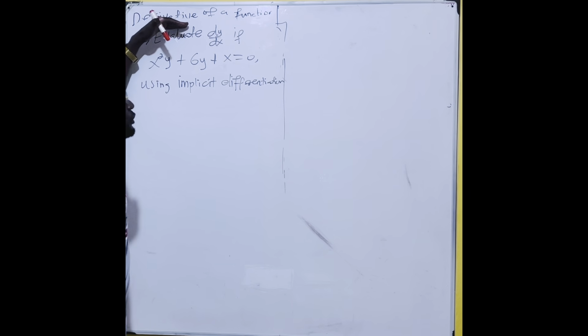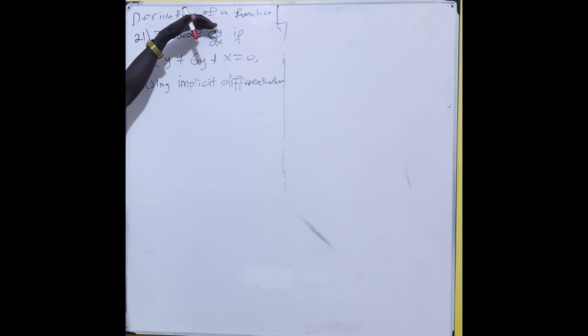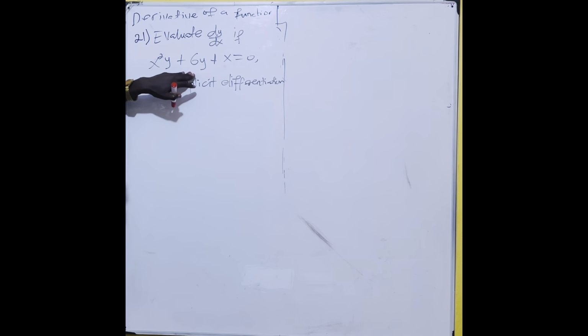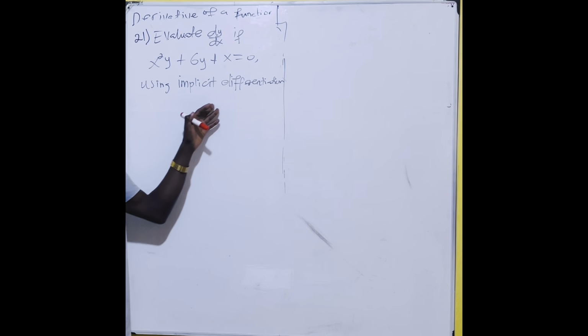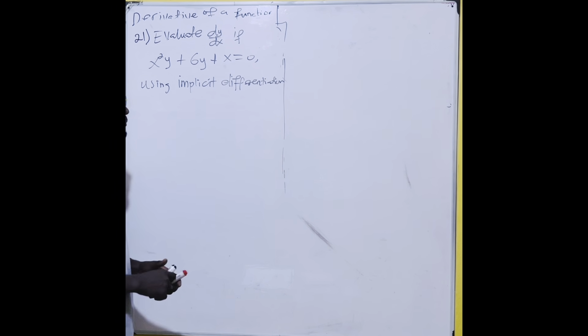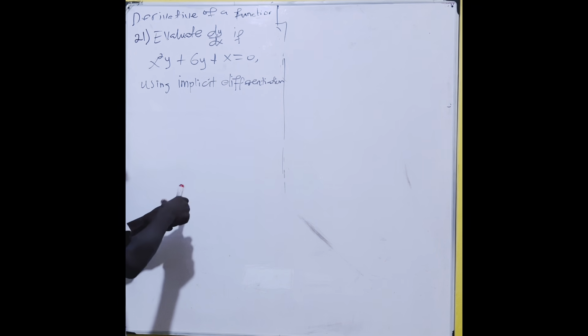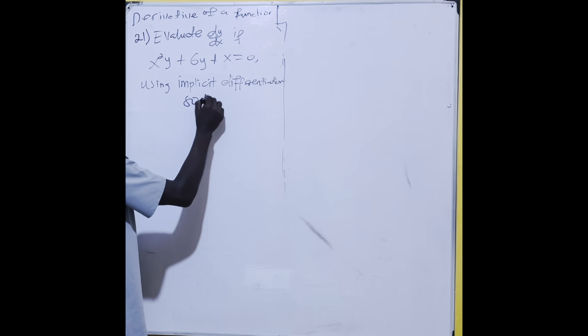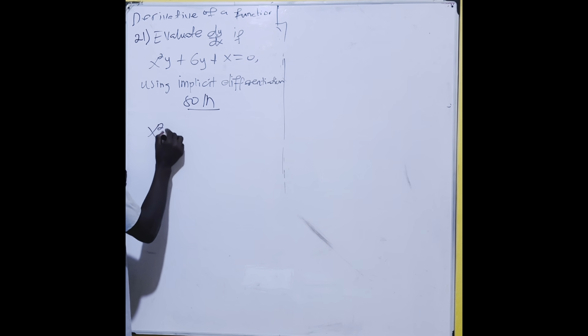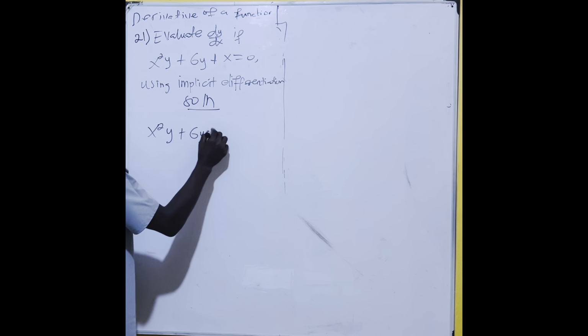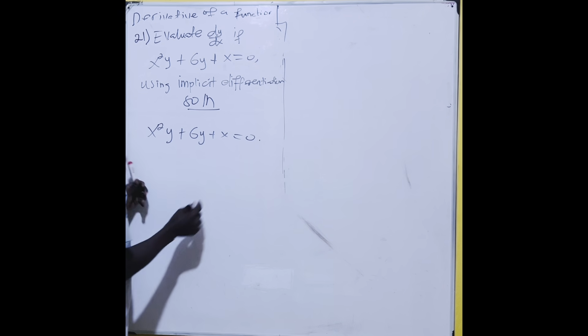So with question number 21, we want to evaluate dy dx if x squared y plus 6y plus x is equal to 0 using implicit differentiation. Okay, so we have here, using implicit differentiation, x squared y plus 6y plus x equals 0.